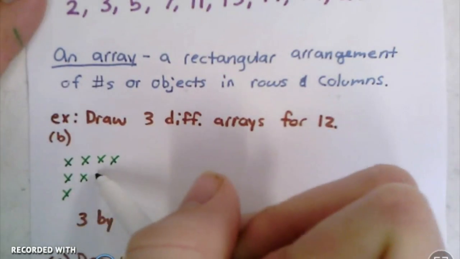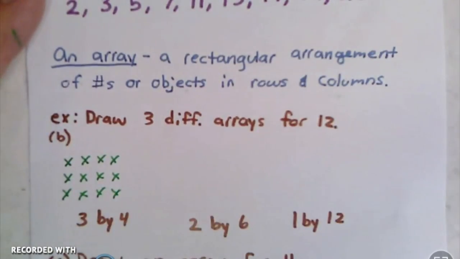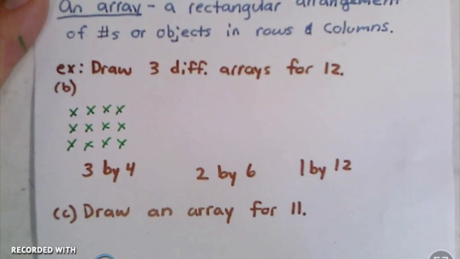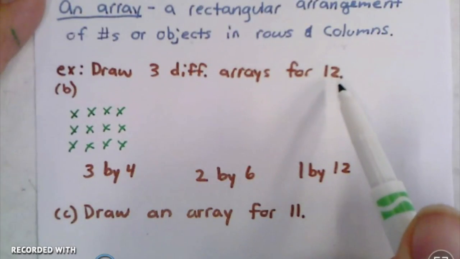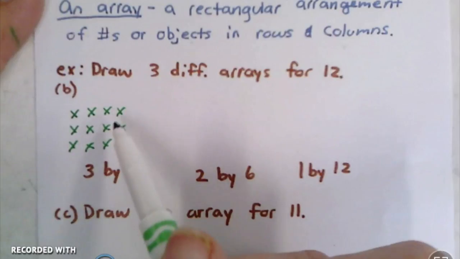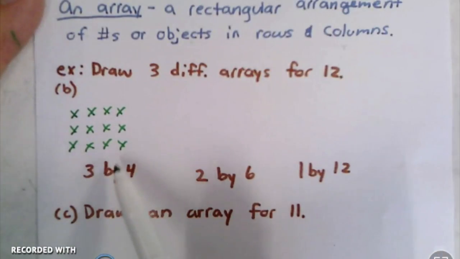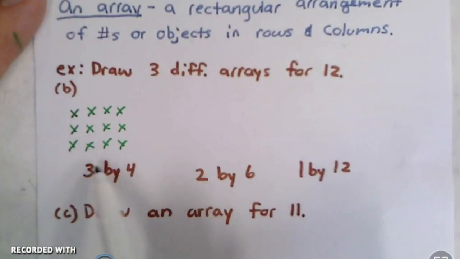And then I'm going to fill it in. How many X's did I just draw? 12, right? When I draw an array, it's always going to represent the number that it's for. So I showed that I can do 3 by 4, which means that it is a composite number because I can make an array that is not just a straight line.